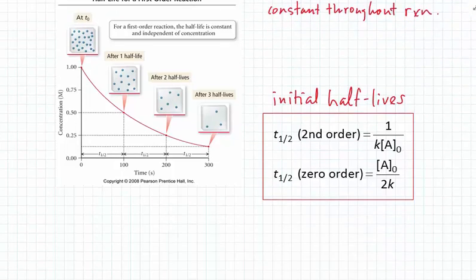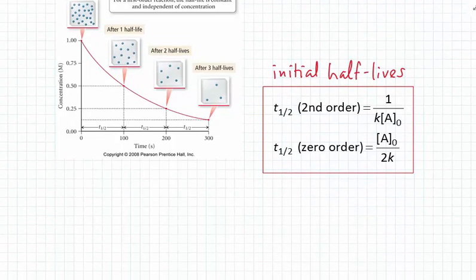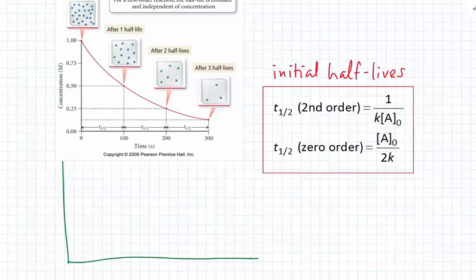Take a look at, here, let's draw a quick little graph. Concentration, time. Let's do a really easy one. What would the concentration time graph look like for a zero order reaction? Linear. It would be linear. It would have a negative slope. It would look something like that. So let's start here.